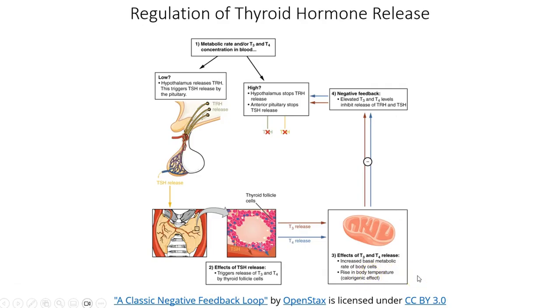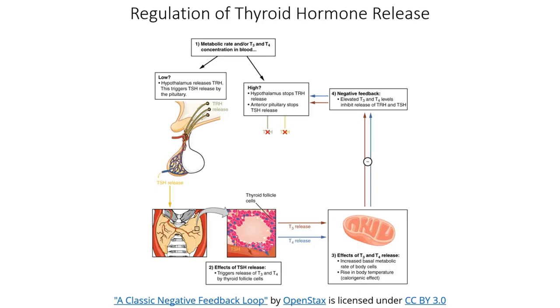So if we're having that really low metabolic rate, then it's going to be really cold. It can also cause constipation, issues with the reproductive system, menstrual cycle irregularities, stuff like that. And it's also going to have an effect on the brain. So a lot of brain fog and kind of not really being able to think very clearly are key symptoms of hypothyroidism.